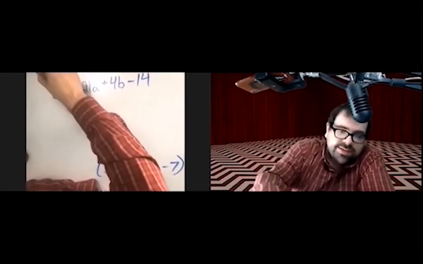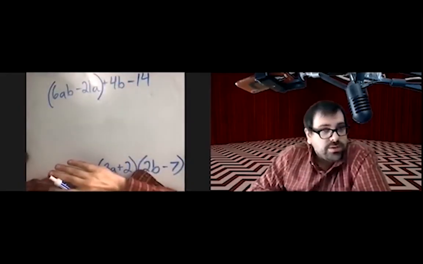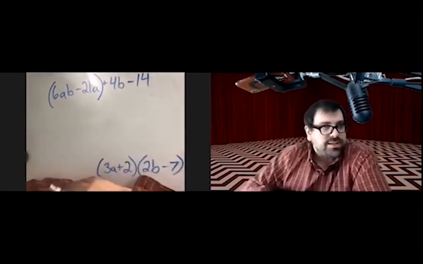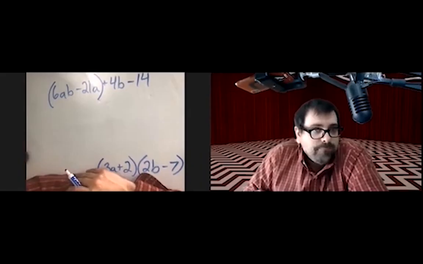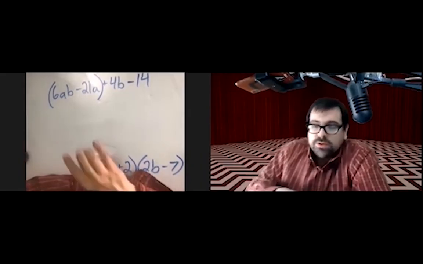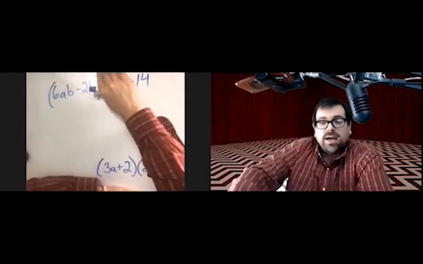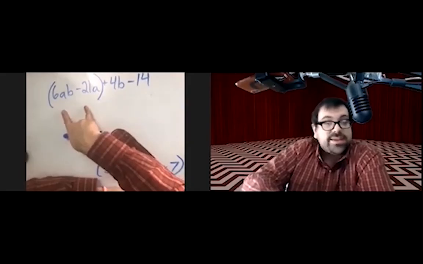The grouping method says always group the first 2 terms and ignore the rest. Do not put parentheses around the second 2. It's not the method we are doing. So just put parentheses around the first 2 terms. Ignoring the rest, can we factor something out of this?